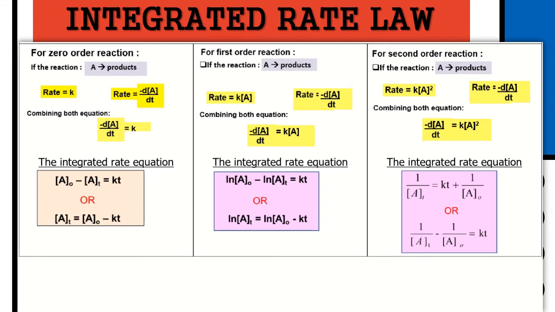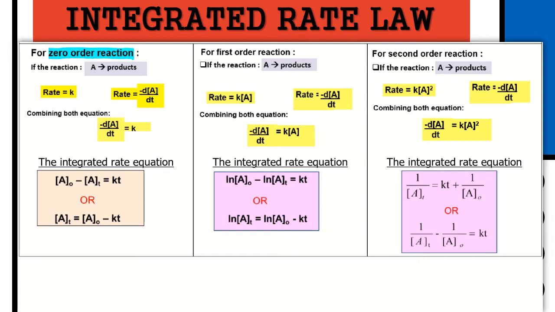So let's start with zero order reaction. For all these orders of reactions, we're only going to consider a general equation, reactant A to form product.